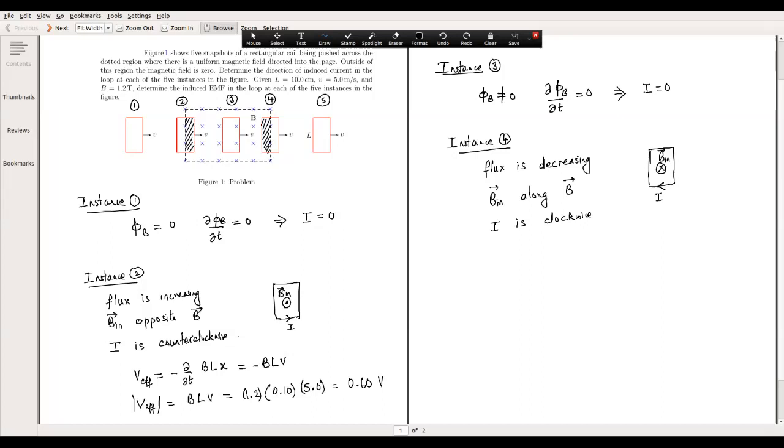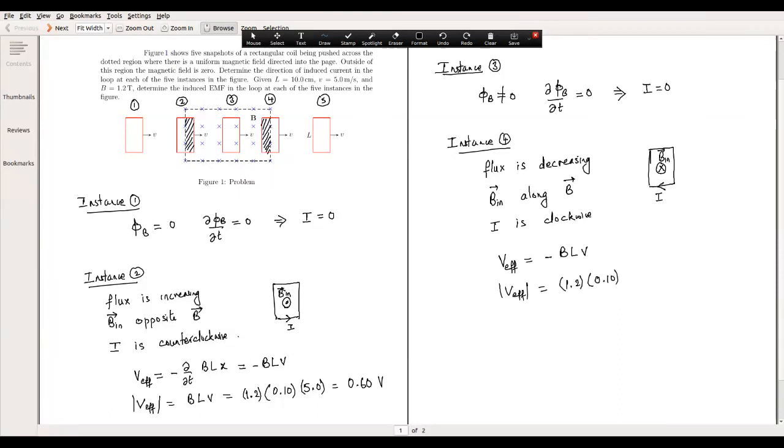Effective voltage will have the same formula as in instance 2. So the effective voltage will still be B L V, and the magnitude of that would again be 1.2 times the length. L is still 10 centimeters.